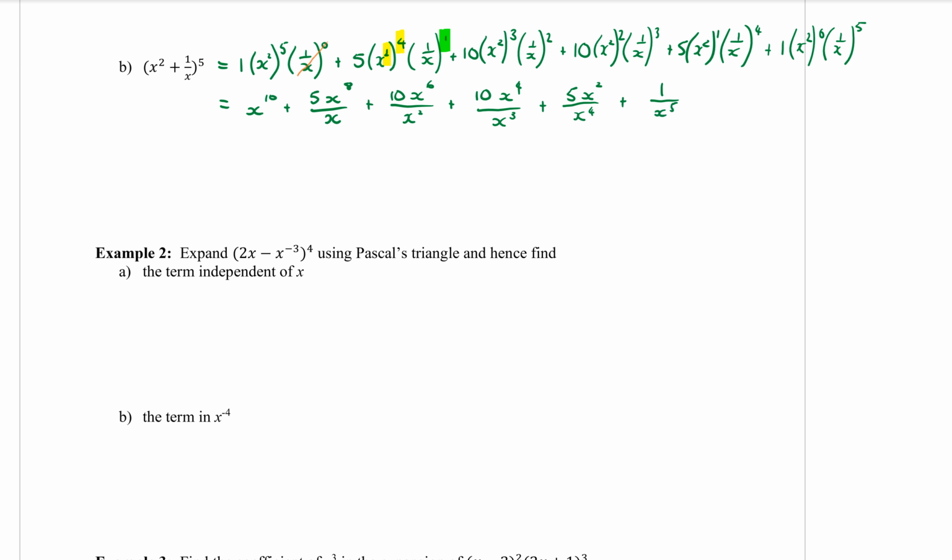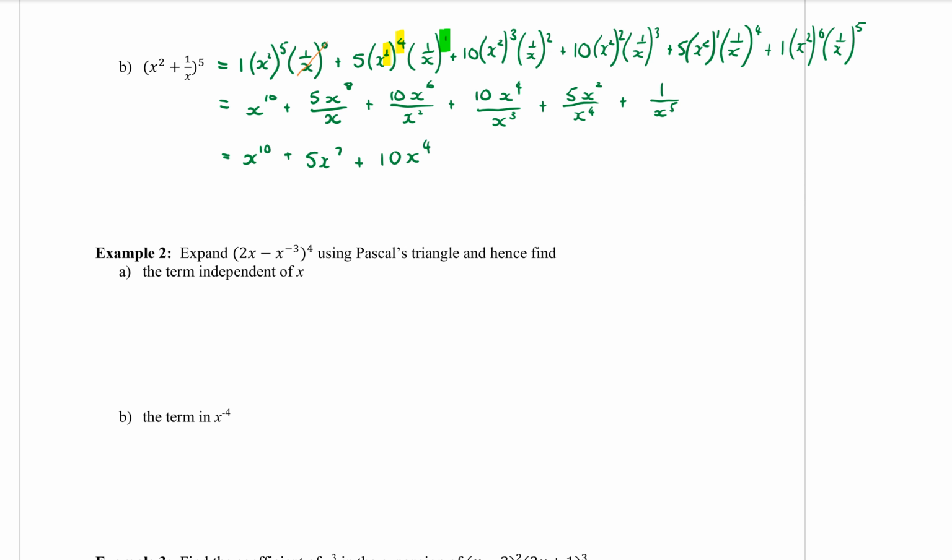Now I can cancel off a lot of x's in each of those terms. In the first term I can't simplify, but in the second one I can cancel the x off the bottom, subtract 1 from the top, will be 5x to the power of 7. For the next one, again, I want to cancel 2 x's off this time, which will mean 10x to the power of 4.